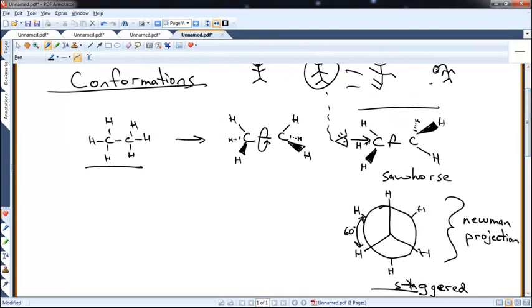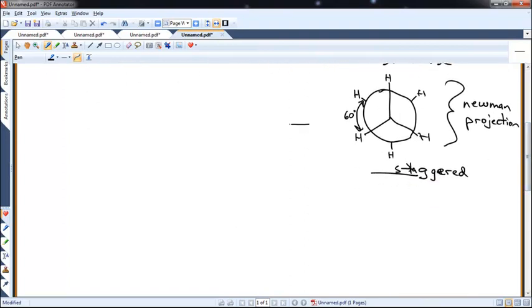If I just rotate this bond a little bit, I'm spinning one carbon relative to the other, and if you have a model kit, that would be a great thing to do right now. And you can get something that looks like this. The front carbon will remain the same, and we'll spin the back carbon such that the three hydrogens overlap each other.